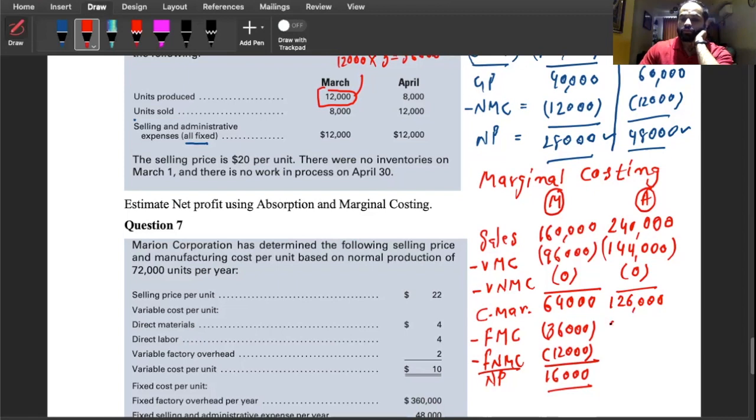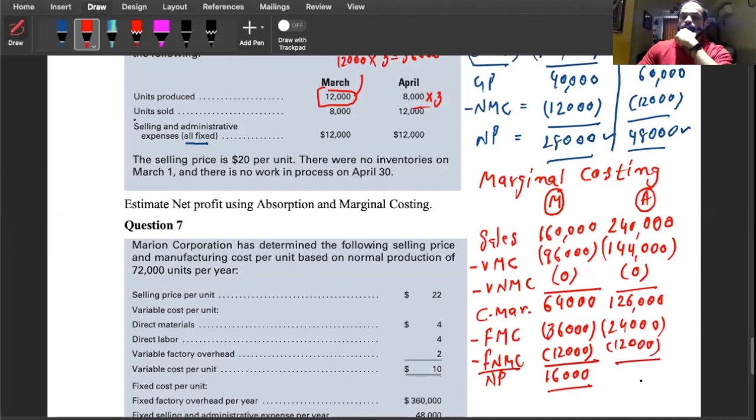Yes, 24. Why 24? 8 multiplied by 3. So that's 24. Minus fixed non-manufacturing. Yes, it's 12.